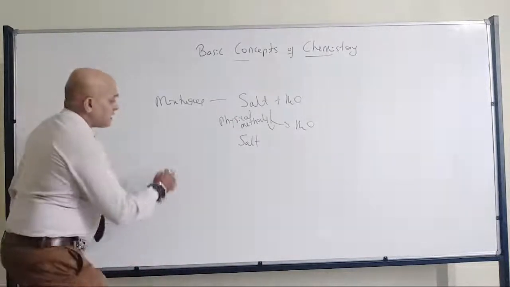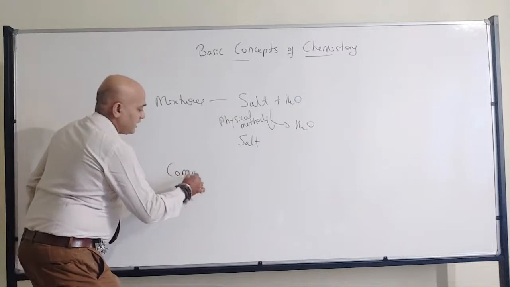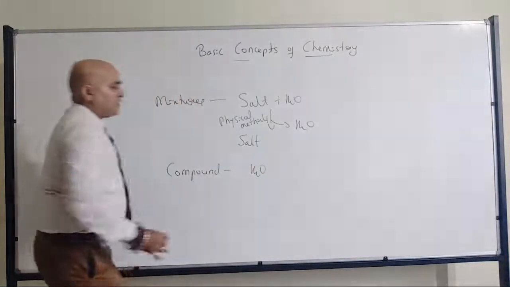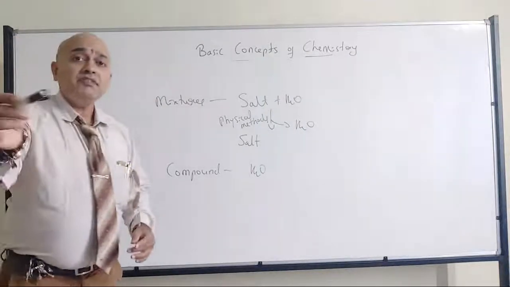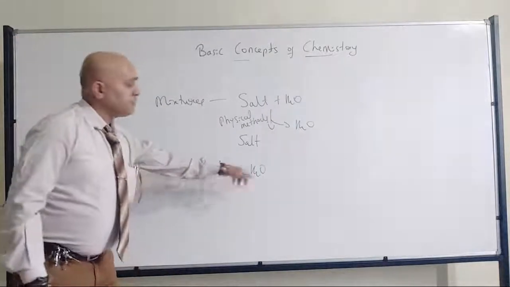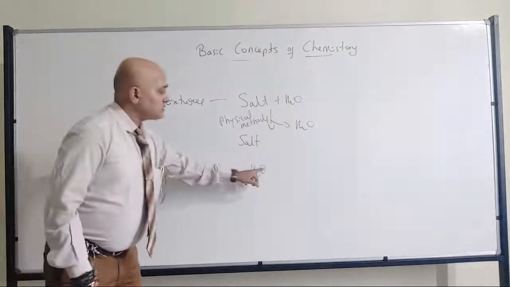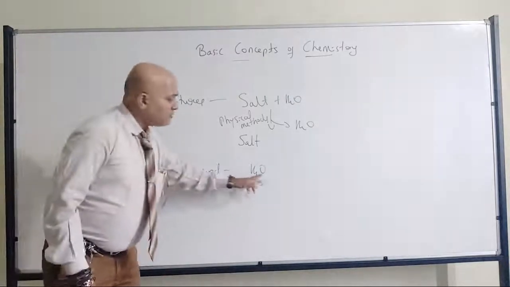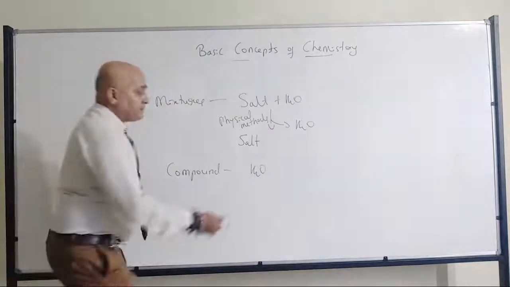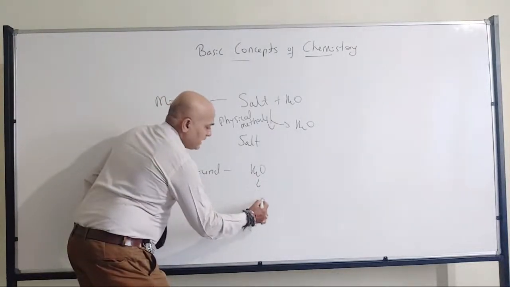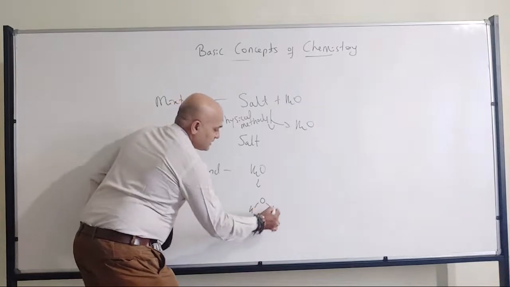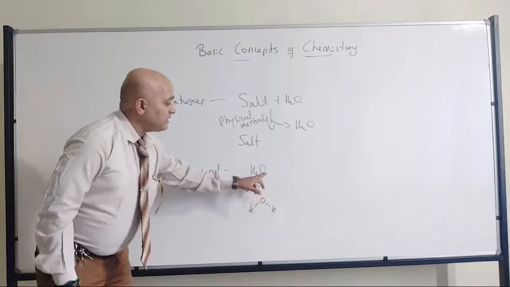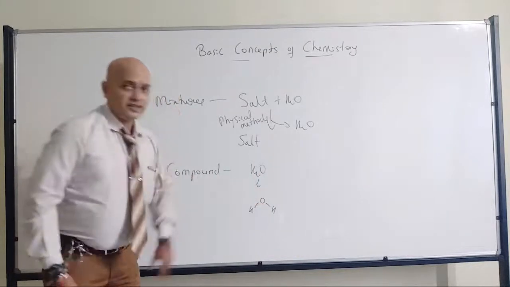But if I take a compound, for example, water, now you might be having a question, sir, this should be a mixture only, because there is oxygen, there is hydrogen. No, they are not mixtures, because this water is made in such a way that there is a presence of covalent bond between oxygen and two hydrogens.